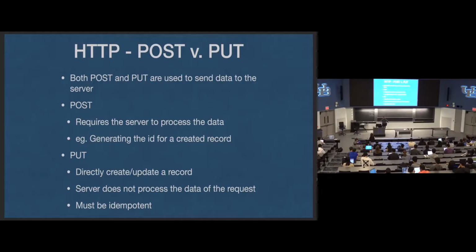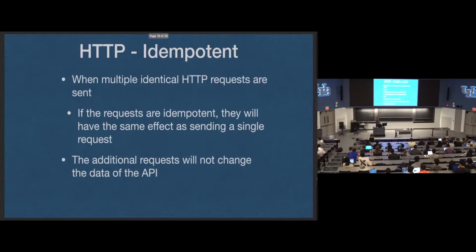And then if they send that again, we'll say, oh, we already have a record labeled 5. You must be replacing that with this information. It happens to be replaced with the same information and no change happens. Our post is not idempotent because if we created 2 records with our post request, we're going to get 2 records with 2 different IDs. So that endpoint of our API is not idempotent, so we have to label that as post instead of put.